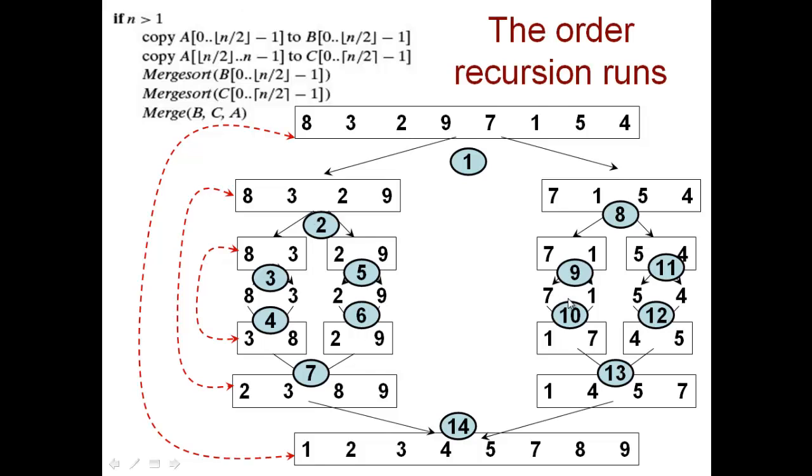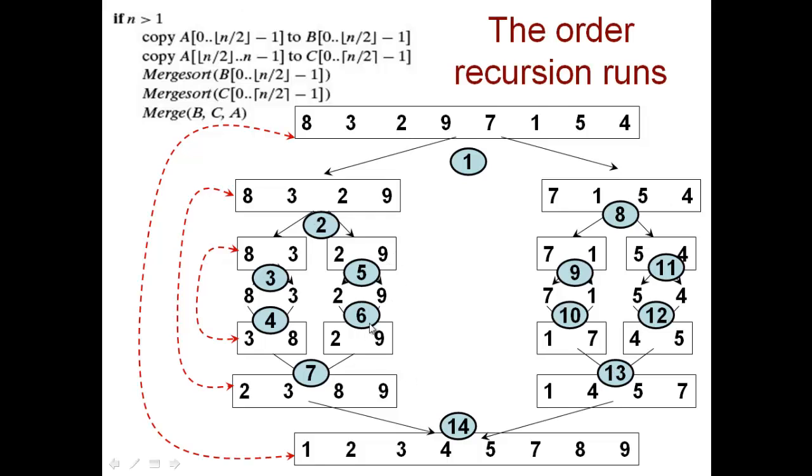These are subarrays of size 1, so merge them, it becomes 1, 7, and then split 5, 4 into 5 and 4, and then merge them into 4, 5, and then combine these two subarrays, you get 1, 4, 5, 7. So you can see the numbers indicate the order in which you execute the sorting process. That's the sequence in which the recursive calls happen.